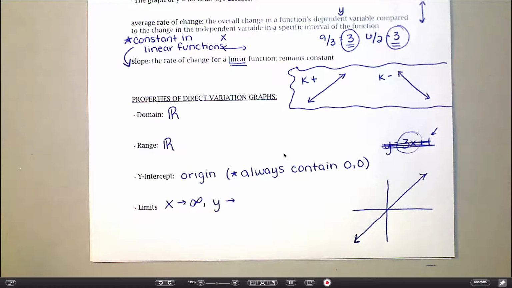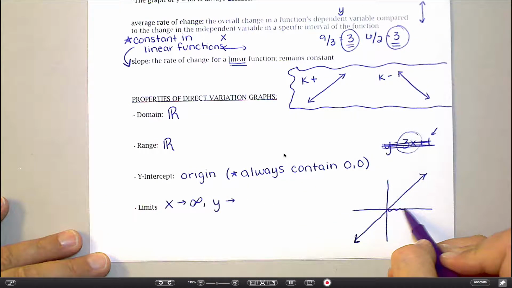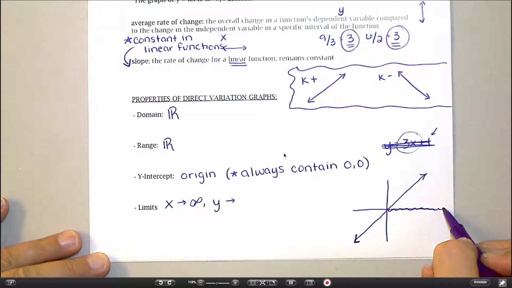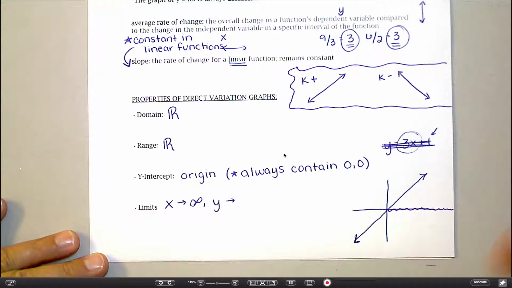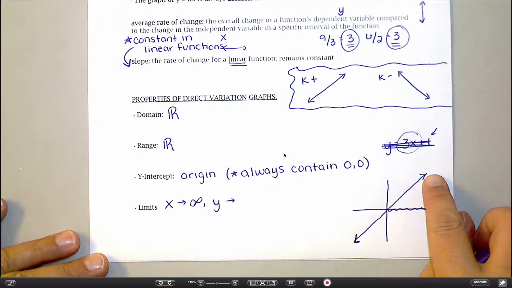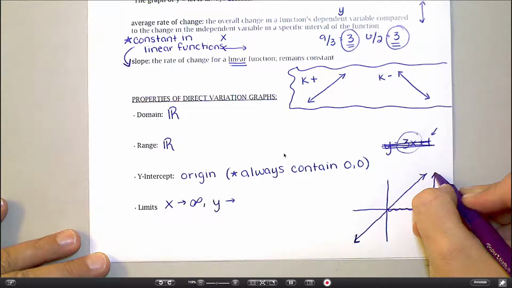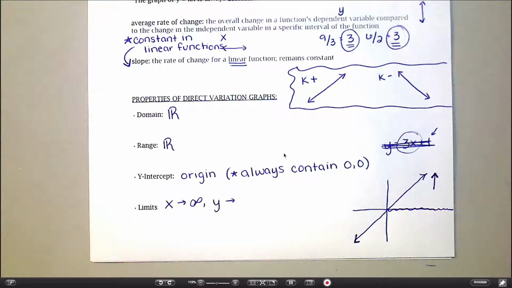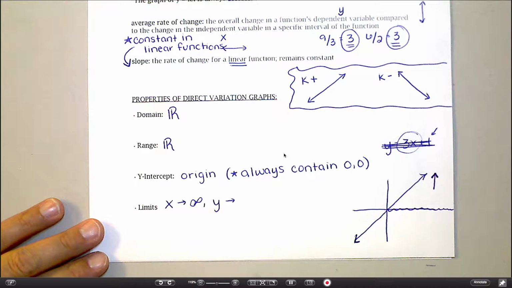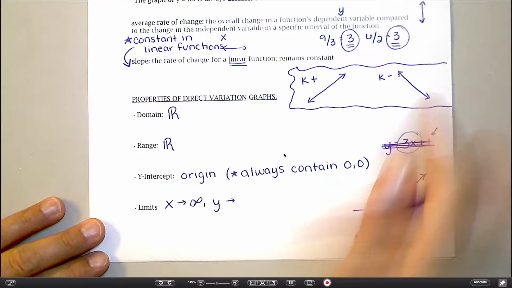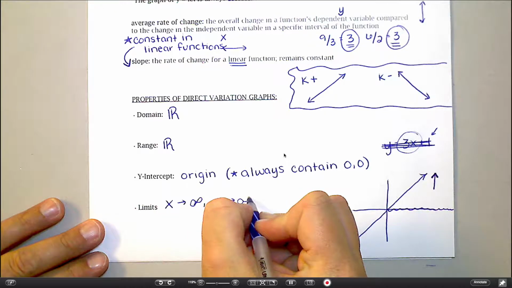If I walk out along this x-axis, and I keep walking forever and ever and ever, what's happening to the y values on my graph? Well, on this particular one, those y values are going up and up and up forever. And so as x approaches infinity, my y is going up and up and up forever, so I'm going to say y approaches infinity.